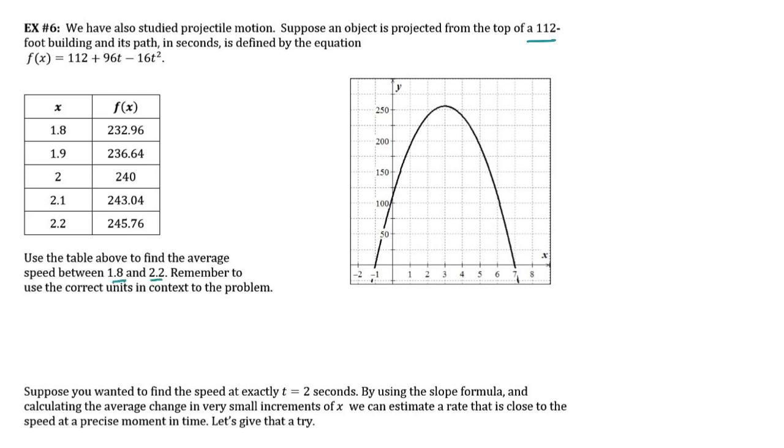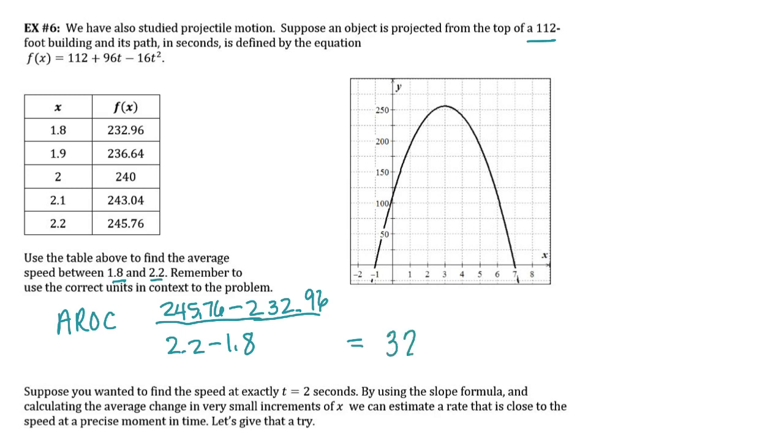So to find that average speed, again, this is going to be our average rate of change. And so our time frame is from 2.2 to 1.8. At 2.2, we're at 245.76 minus, and at 1.8, we're 232.96. And so whenever we find that, it looks like we're going to have 32 feet per second.